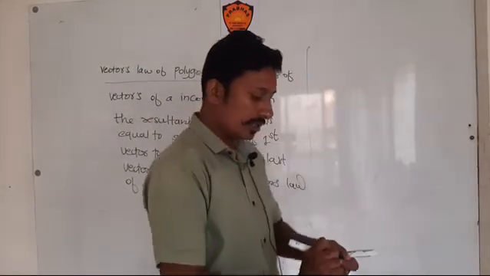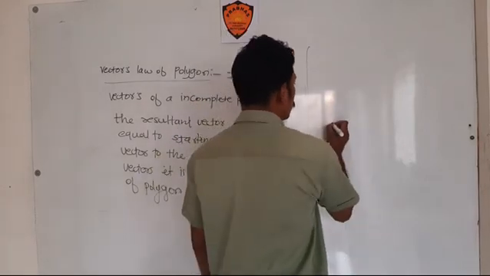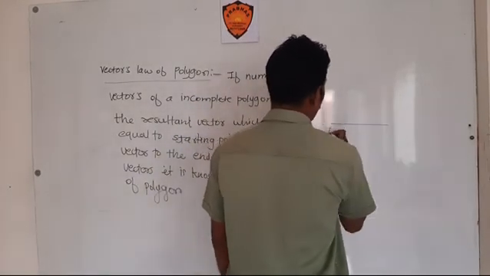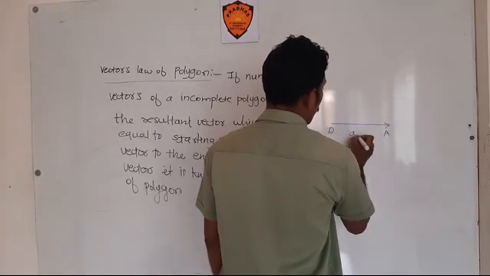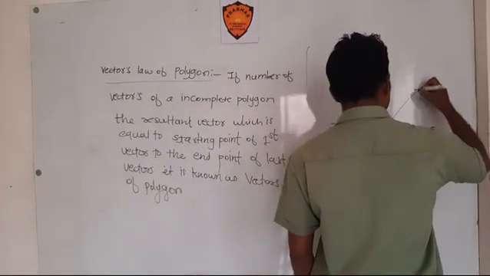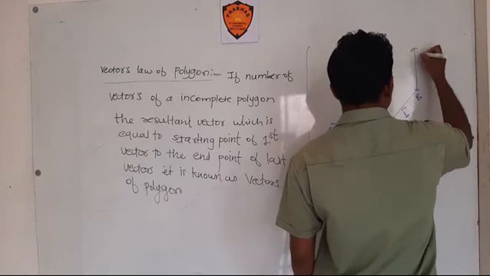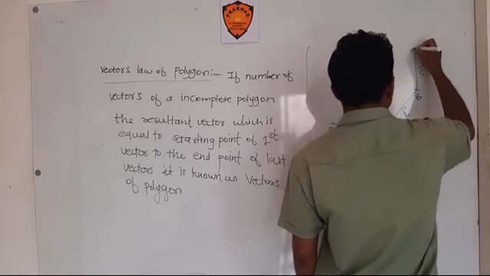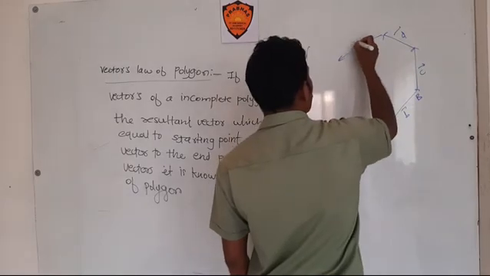Okay, student, first represent this law. This is one vector, A bar, right? This is the second vector, AB bar, right? This is the third vector, another vector C bar, this is another vector D bar, this is another vector E bar.